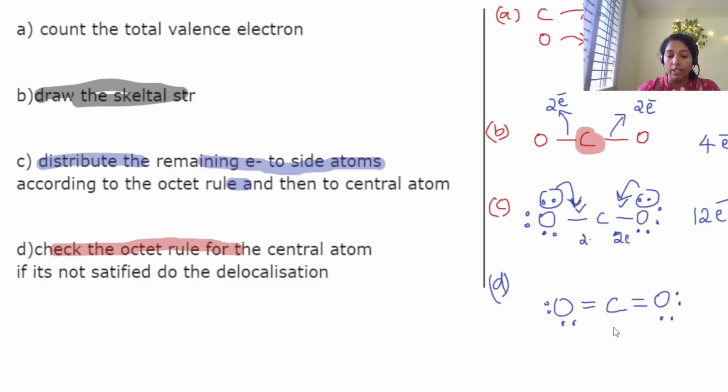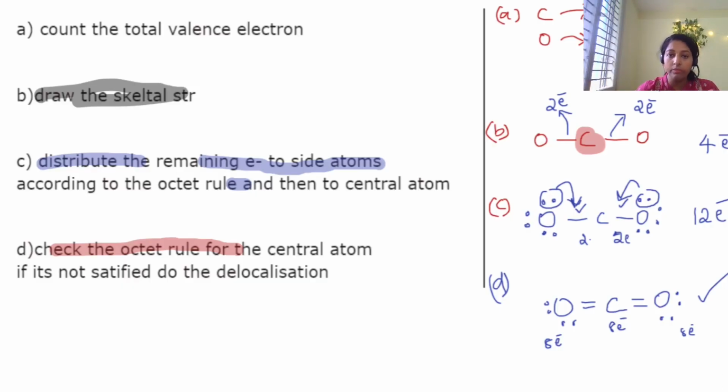Now see the carbon: 2, 4, 6, 8. Carbon got 8 electrons. And oxygen: 2, 4, 6, 8. Oxygen got 8 electrons. This oxygen also got 8 electrons. So everyone is satisfied. That's how we need to draw a Lewis structure.